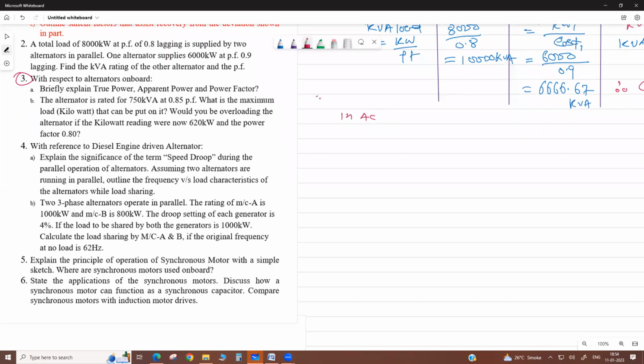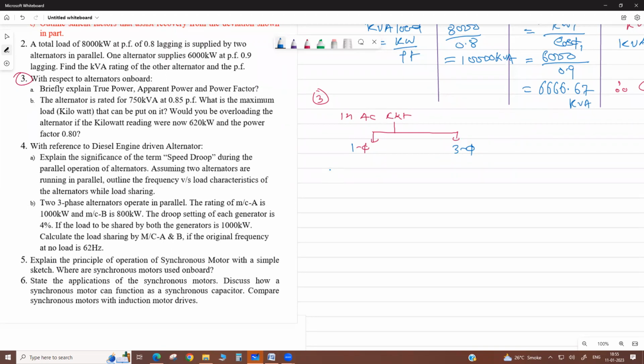So it is question number 3. Now this AC circuit is single phase and 3-phase. So here, you know, the powers.